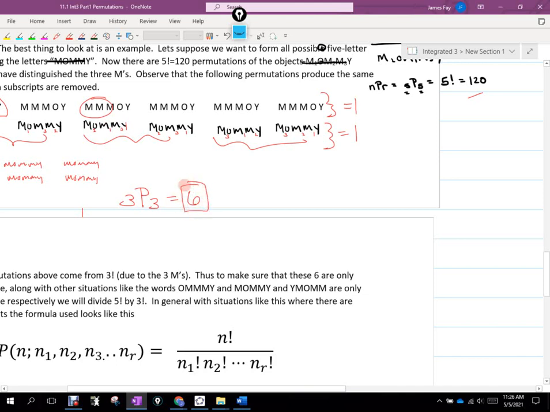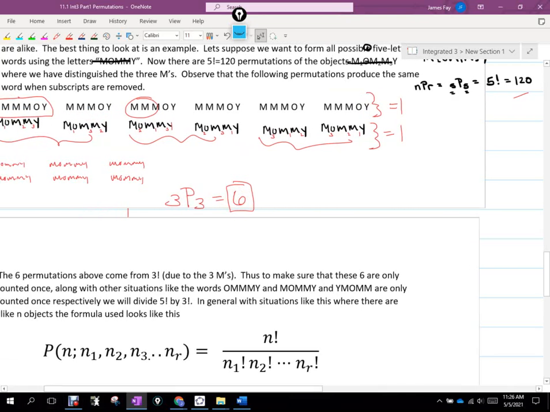The 6 that we get right there is the actual value of how many of these repeats we are getting if we think about those subscripts of 1, 2, and 3 on the M's. Okay? We want to take those and make them into 1.